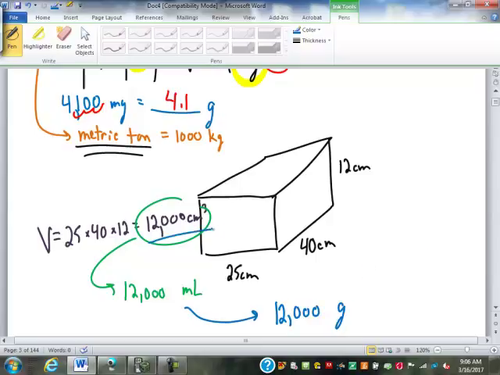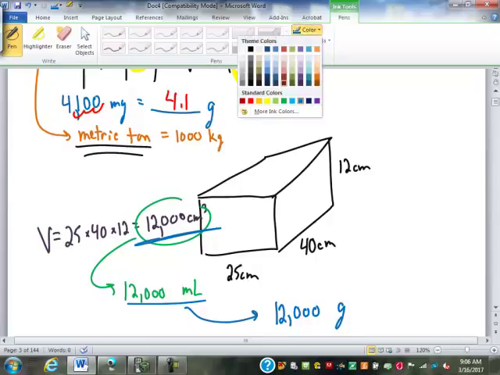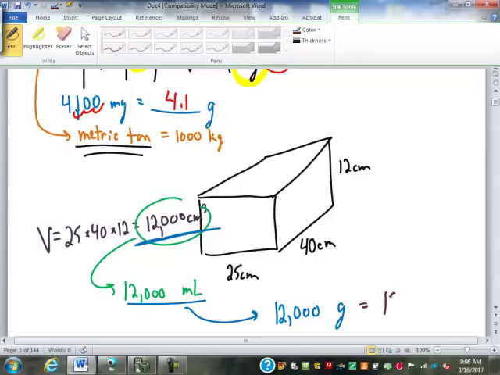One cubic centimeter is 1 milliliter. 1 milliliter of water is 1 gram. So that's 12,000 grams, or 12 kilograms of water in there. Not so bad?